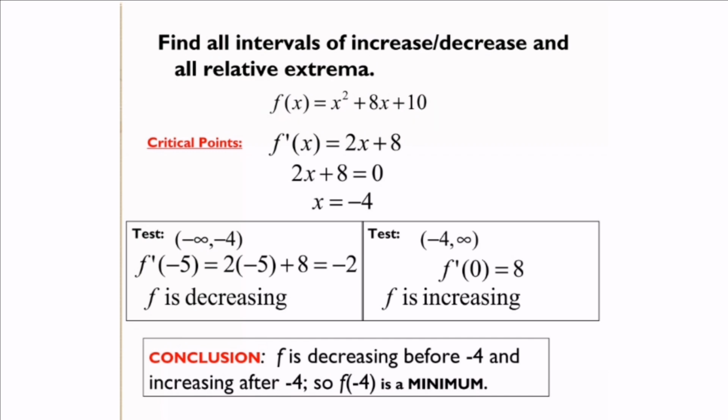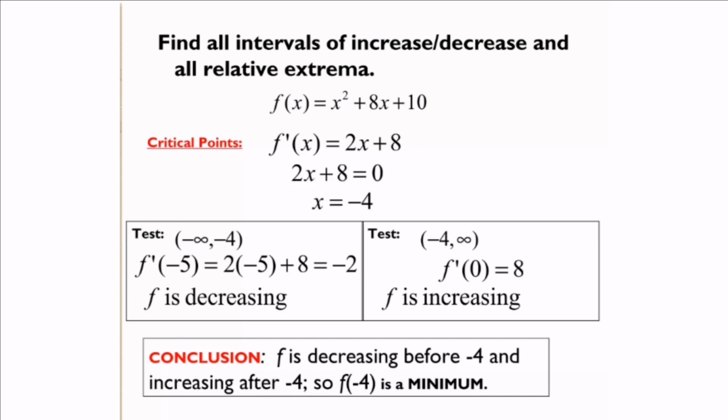So we have derivative of this function is equal to 2x plus 8, because derivative of x square is equal to 2x, and derivative of 8x plus 10 is equal to 8. Now put this derivative is equal to 0. So this is linear equation. We have x is equal to minus 4.